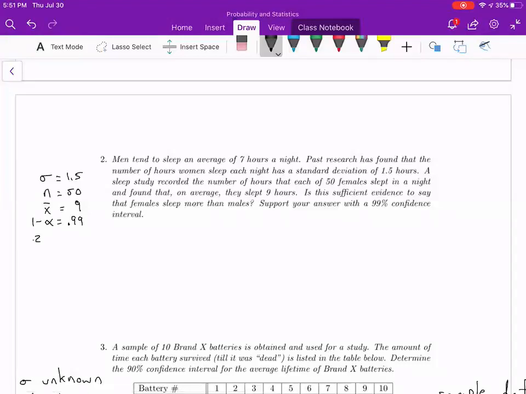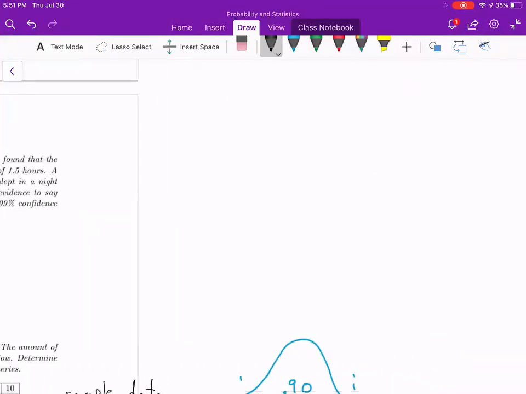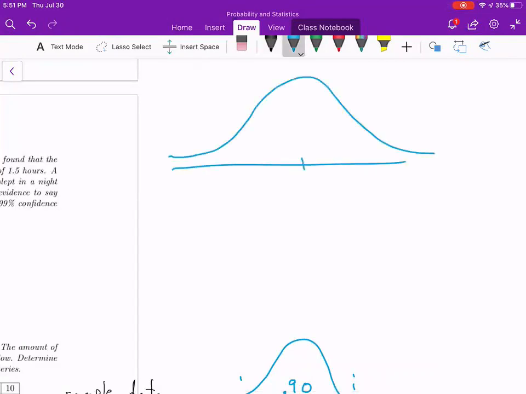So we need to find Z star. We need to know what is that value. I'll do the sketch on the side over here. So you've got the sketch of the normal distribution, standard normal, because we put 0 in the middle. You have 0.99, your confidence level, as the area in that center region, and we want to figure out what is the Z star value such that the area between plus and minus that value is 99%.